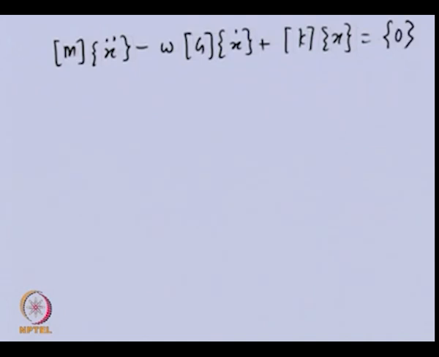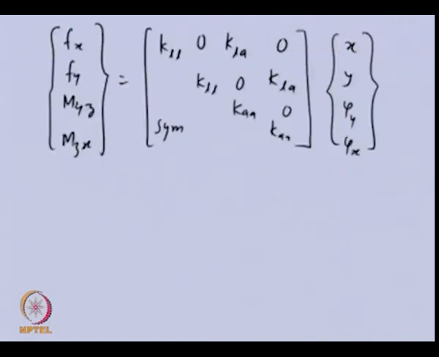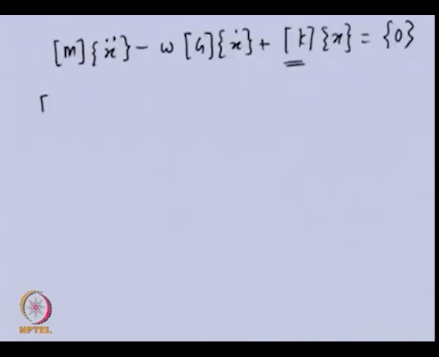Basically, this K matrix is the same as the previous one. This is the K matrix, and the M matrix is the mass matrix, and based on the ordering of the displacement vector, it will have this form.